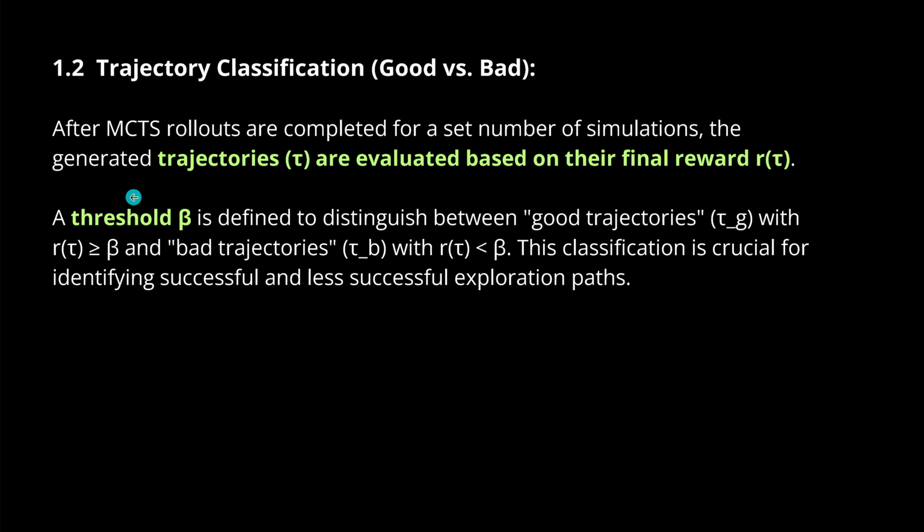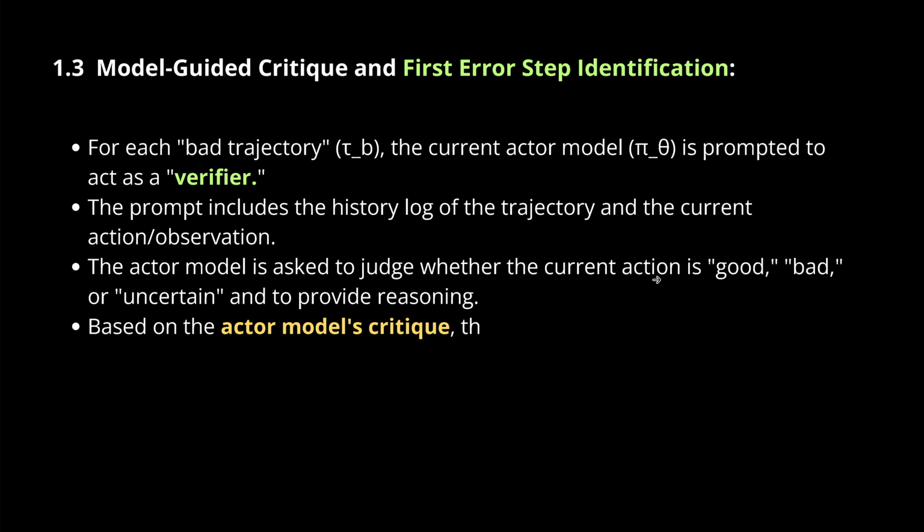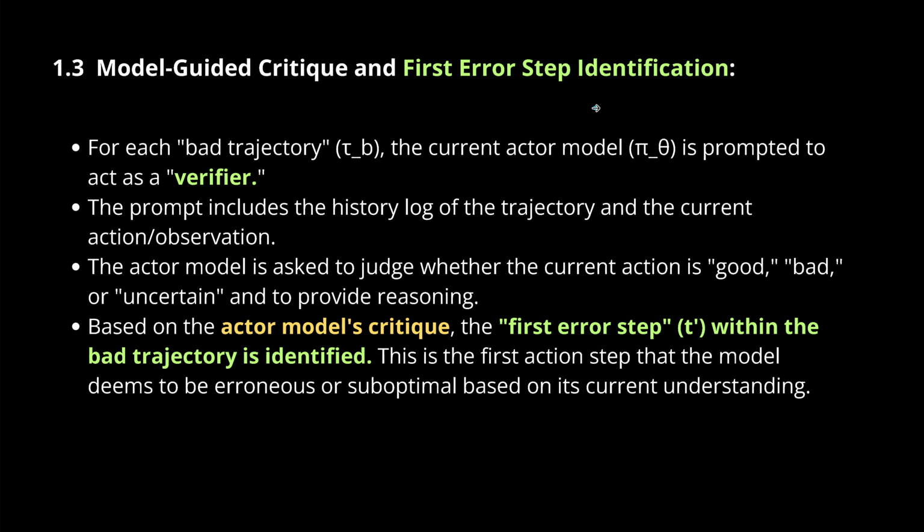We can have a specific threshold we call beta to distinguish between the good trajectories, whatever they are in your system, and the bad trajectories that are above or below beta. Couldn't be easier, you see? But now comes the beauty. Careful. The model-guided critique is nice, but watch what is happening. It is going now step by step.